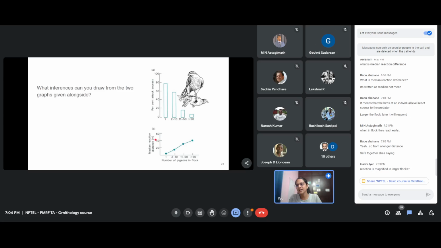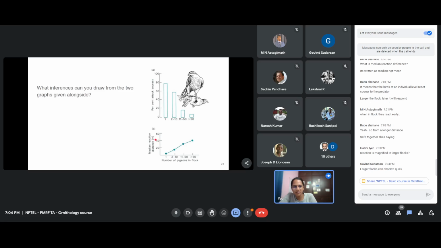So if an individual in a group of 50 flies away when the predator is at 60 meters, but an individual bird flies away when the predator is only 10 meters away, and if a bird is only 10 meters away, that means there is a higher chance of the bird being killed than when it flies when it is 60 meters away, when it is in a group, right?